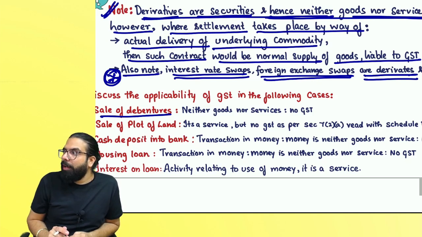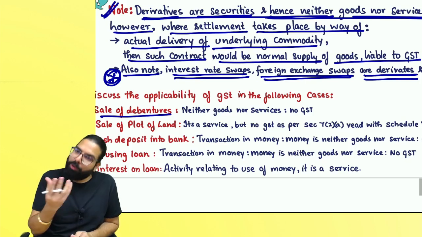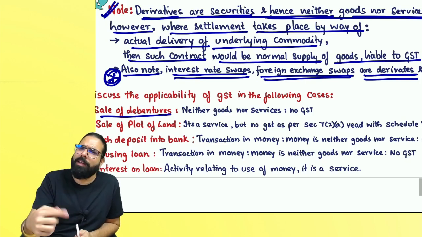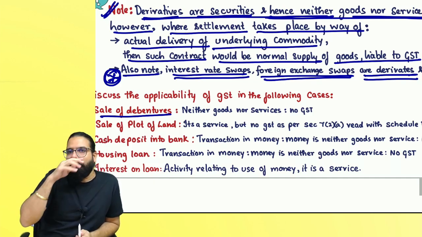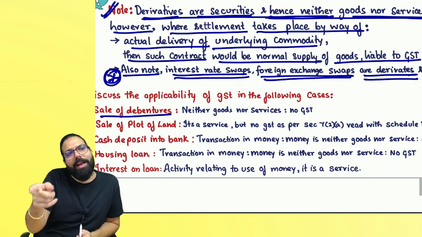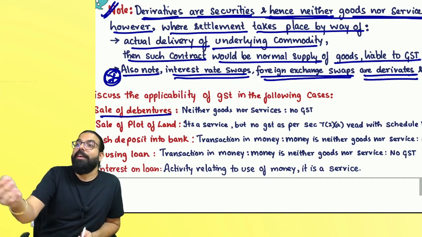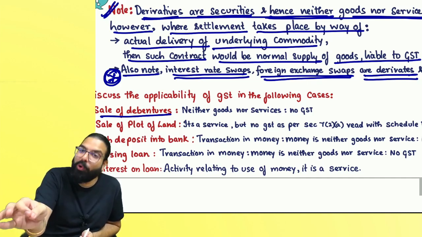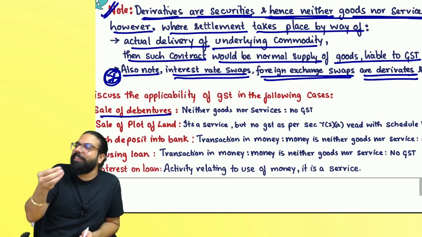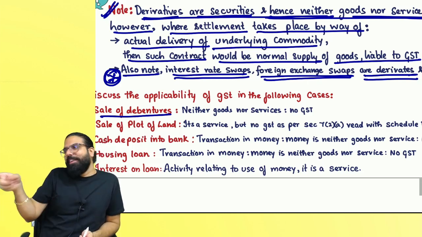Are you sure? I'll ask you one question. Underlying asset is dollars. On the settlement date, you gave me dollars only. We had an agreement that you will sell me dollars after 6 months. If the underlying asset is not goods, then how will you charge GST? Underlying asset has to be goods, and if the underlying asset is transferred, then GST will come.